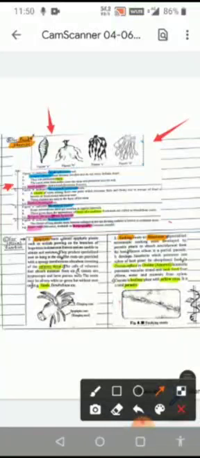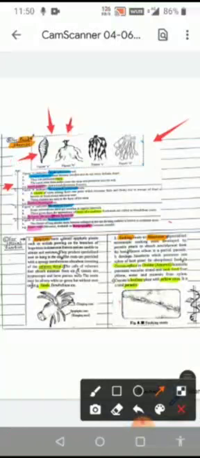So the main function is storage of food material. Example, sweet potato. It is also called shakarkand. Botanical name Ipomoea batatas.